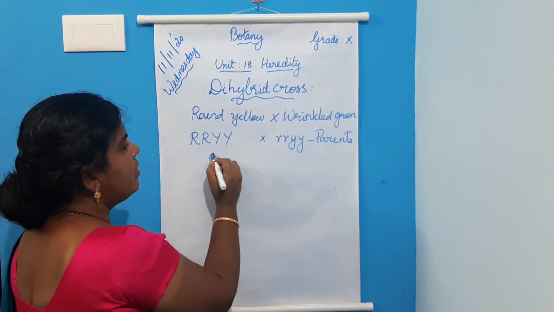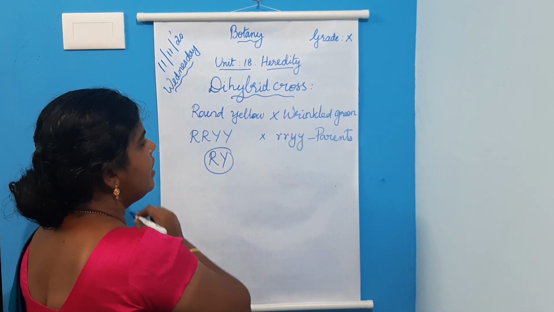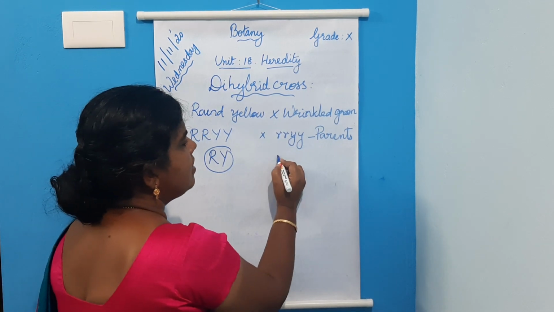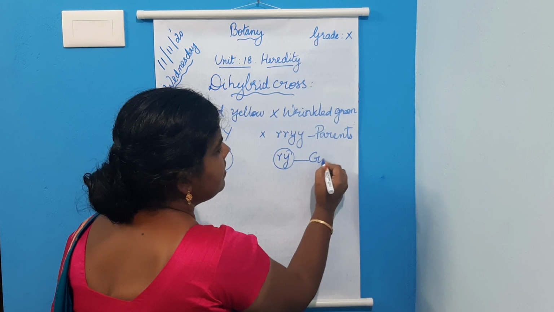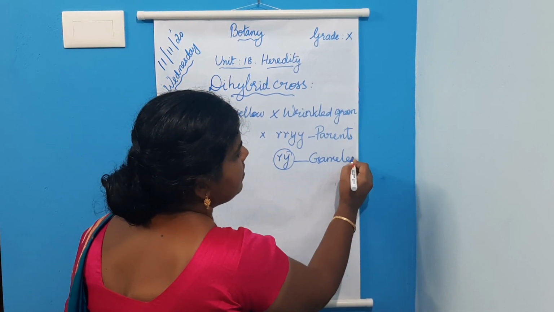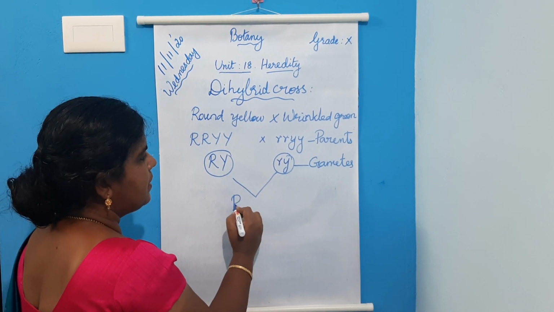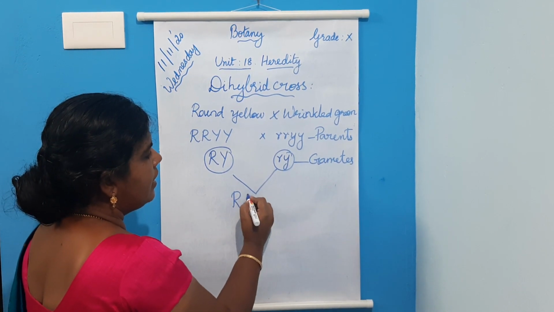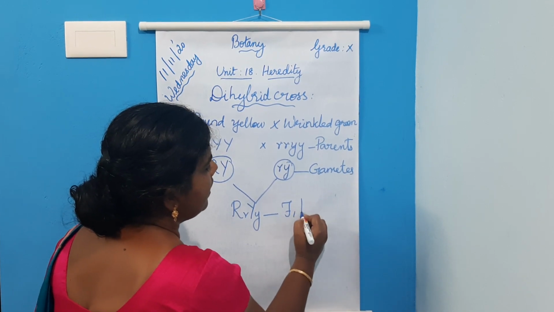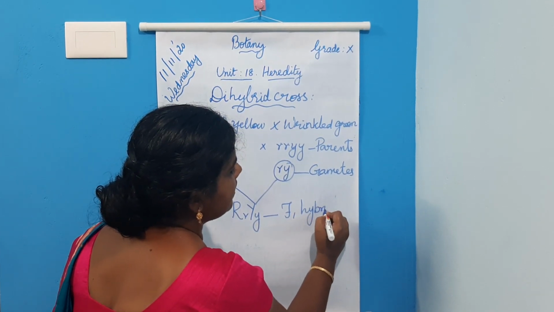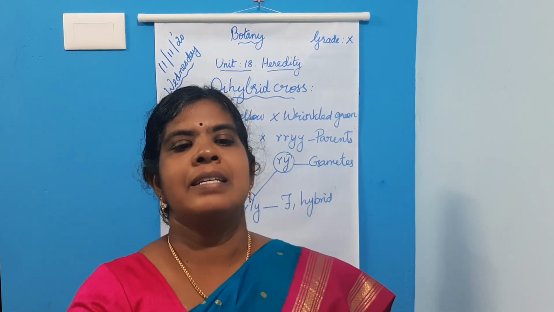Listen, here the round yellow parent produces the gametes capital R, capital Y, and the wrinkled green parent produces small r, small y. These are the gametes, isn't it? These gametes fuse to form the F1 hybrid, that is capital R, small r, capital Y, small y. This is the F1 hybrid or first generation.